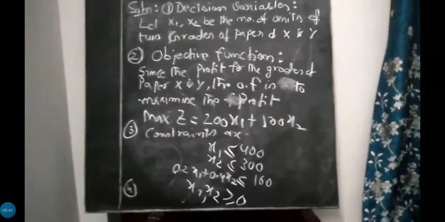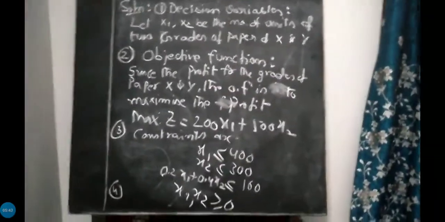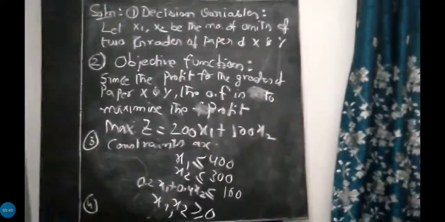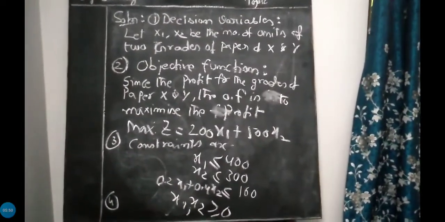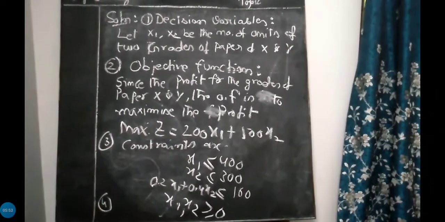It requires 0.2 and 0.24 hours to produce a ton of products X and Y. Then that is represented as 0.2 x1 plus 0.24 x2 less than or equal to 160.